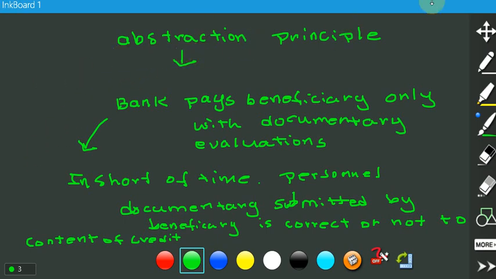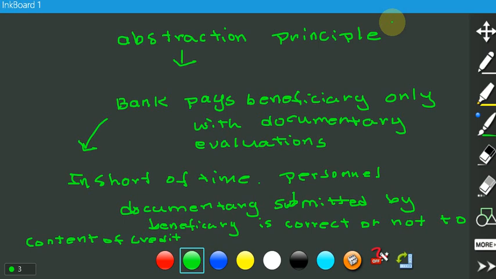Okay, so I told you the drawback of this principle. This principle is also like the independence principle of letter of credit. This is also on the basis of the banker's convenience, because the bank has no time and no personnel enough to check at the job site. So they just evaluate the documentary.